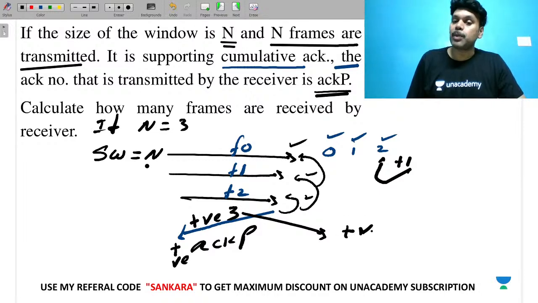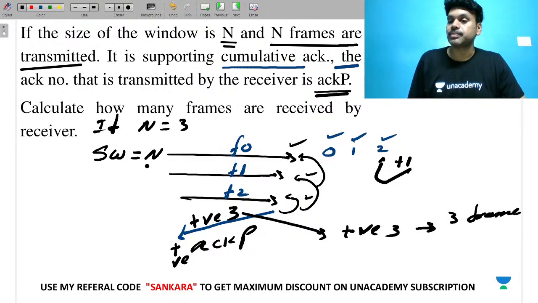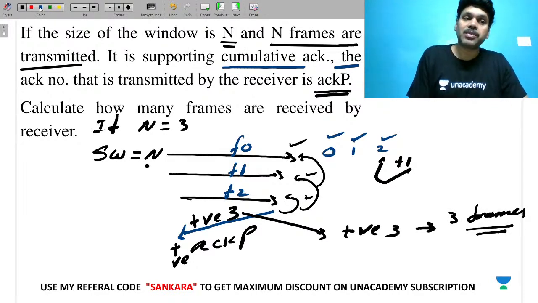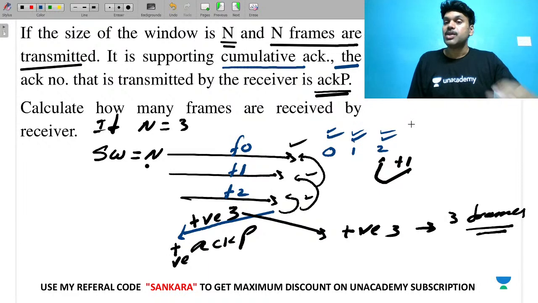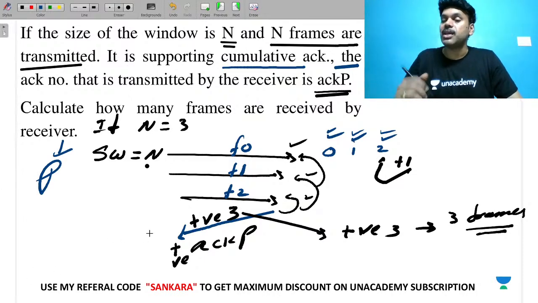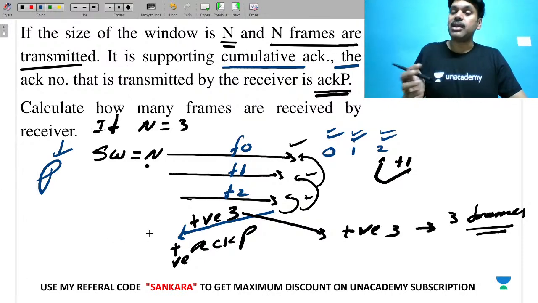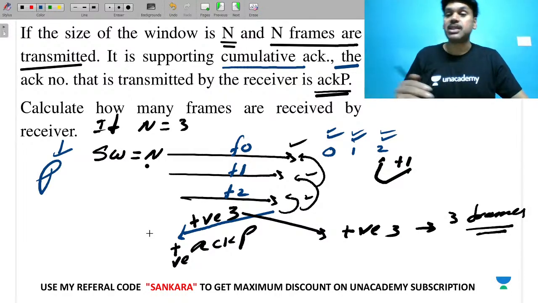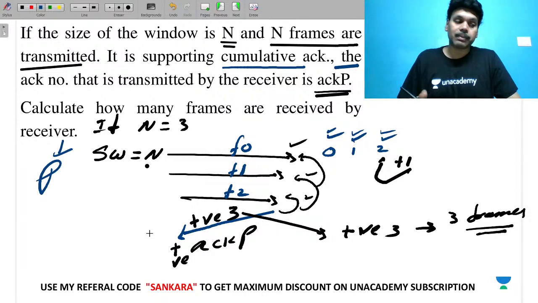Positive 3 means the receiver received 3 frames: 0 success, 1 success, 2 success. Whenever you give one number as a positive acknowledgement, it covers your previous received frames. Therefore, how many frames are received by receiver? P only. Here P is nothing but 3. Whenever he is sending a positive 3, the receiver might have received 0, 1, 2 successfully.